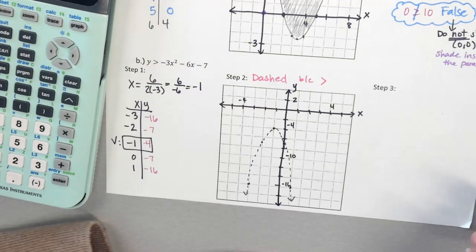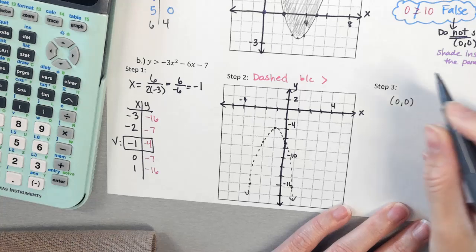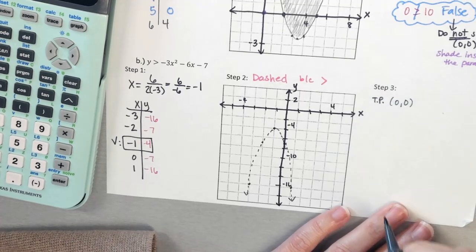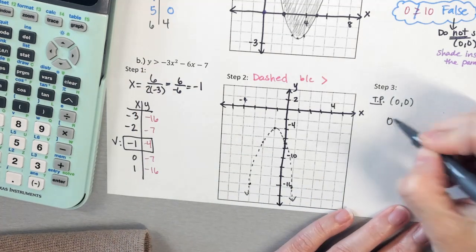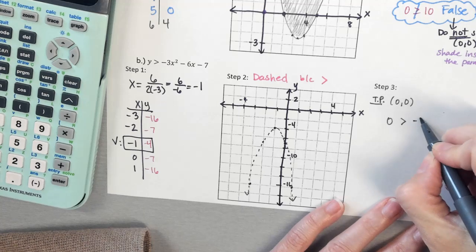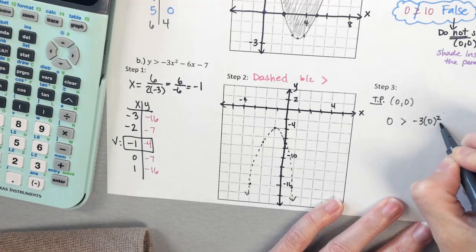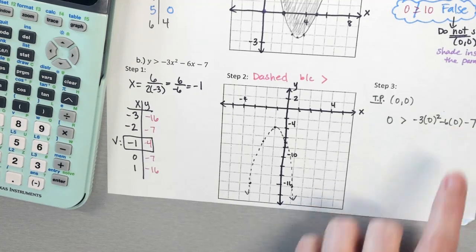Okay, and then we still need to see that equation. So you can use 0, 0 as your test point. Okay, and then when you're plugging in 0, 0, it's okay if you have 0 plugged in for y. What's going to happen with these? If you follow your order of operations here, you're just going to be left with what on this side?